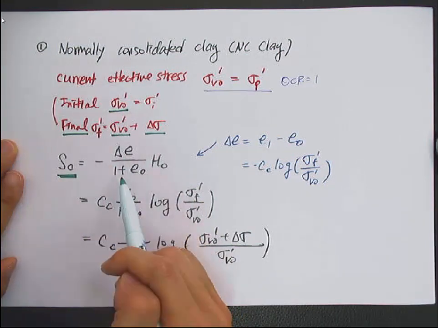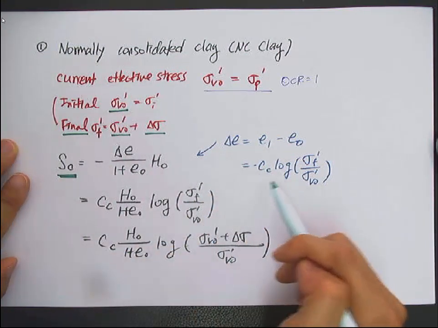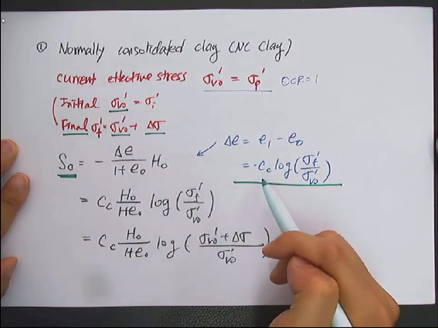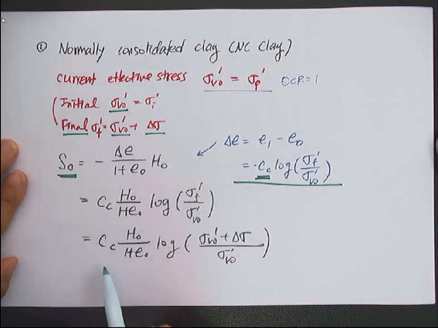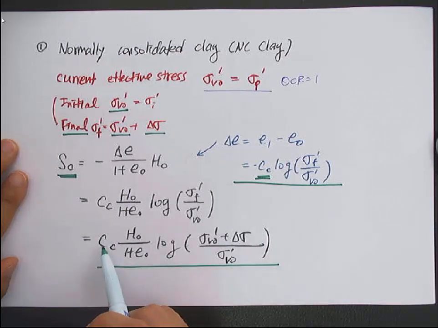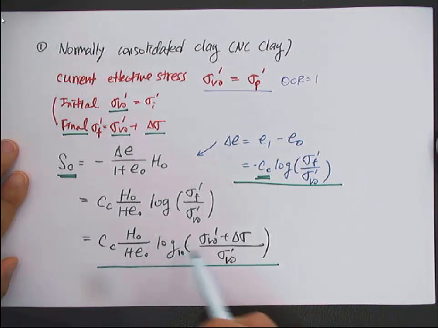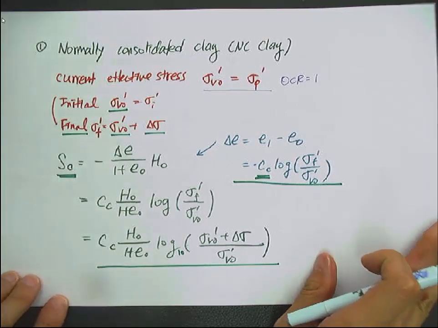And we can plug in the equation which is a function of the compression index. Then we'll have the final equation: compression index times H naught over 1 plus e naught, so this is the original thickness and the initial void ratio, times log base 10 of sigma v naught prime plus delta sigma over sigma v naught prime. Very straightforward.